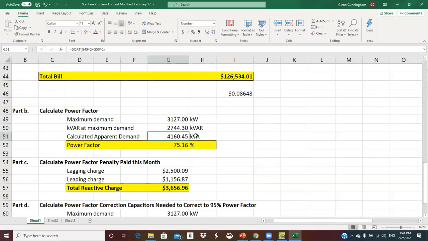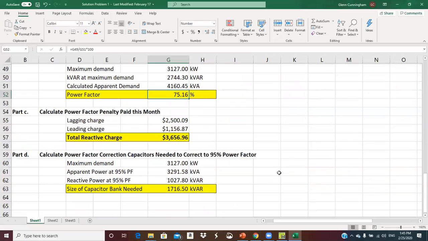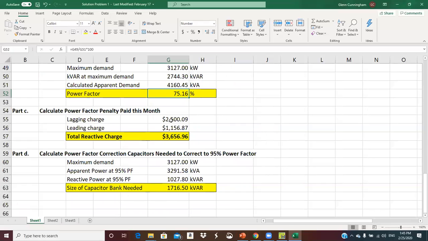And the apparent is 4160. And then you just take the kW divided by the kVA, multiply by 100 if you want a percent, and 75.16 is their power factor for this month. And so you see their penalty starts at below 95. So yeah, they're in penalty. If they want to get out, they need to put on capacitors and reduce their kVAR. Okay.